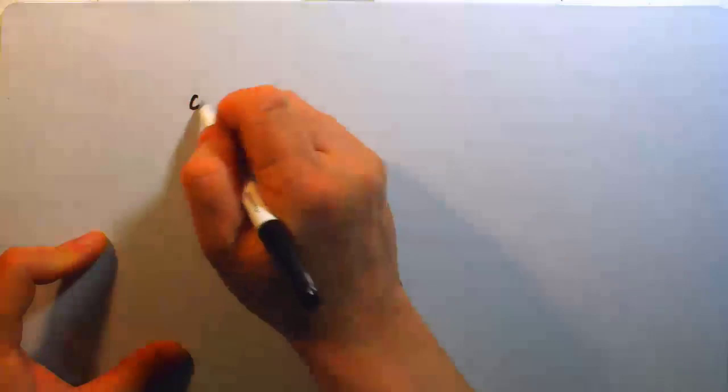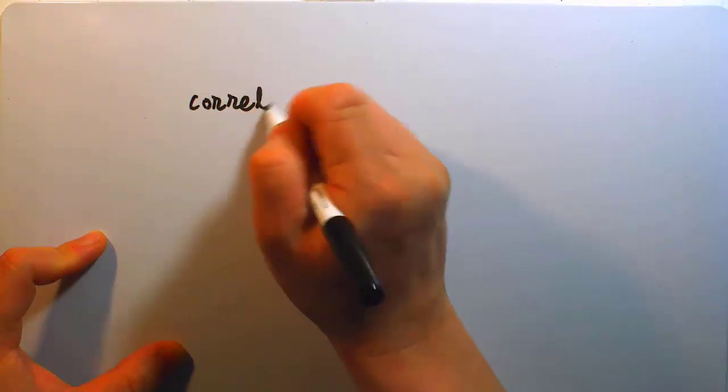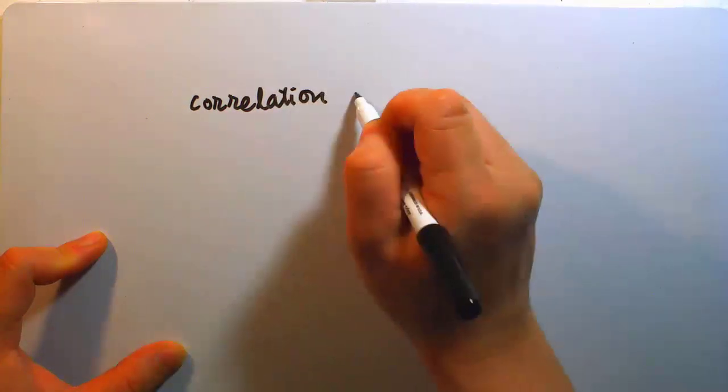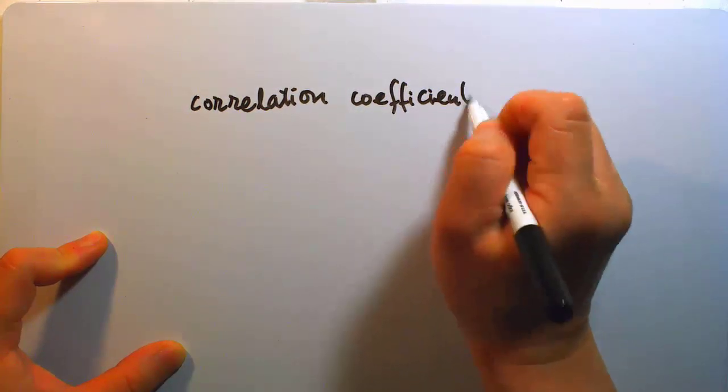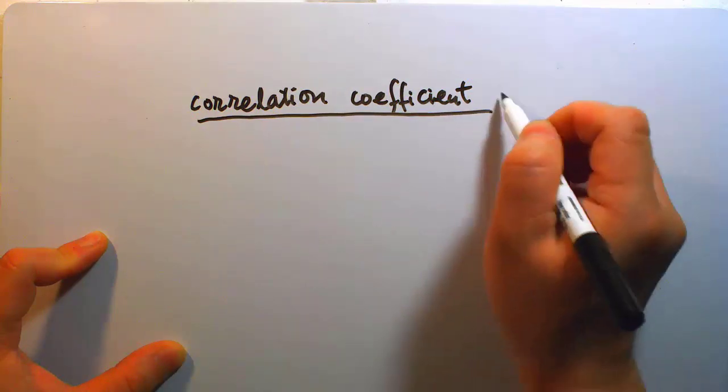calculation value that we call the correlation coefficient. A correlation coefficient is a value we can calculate right from the data.